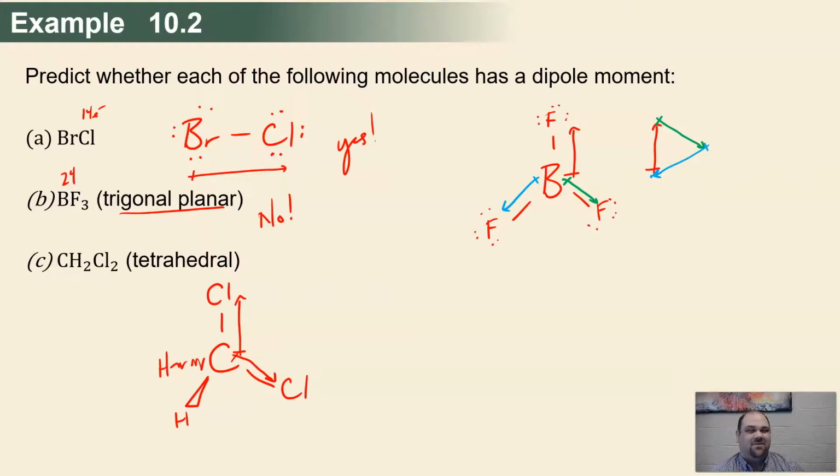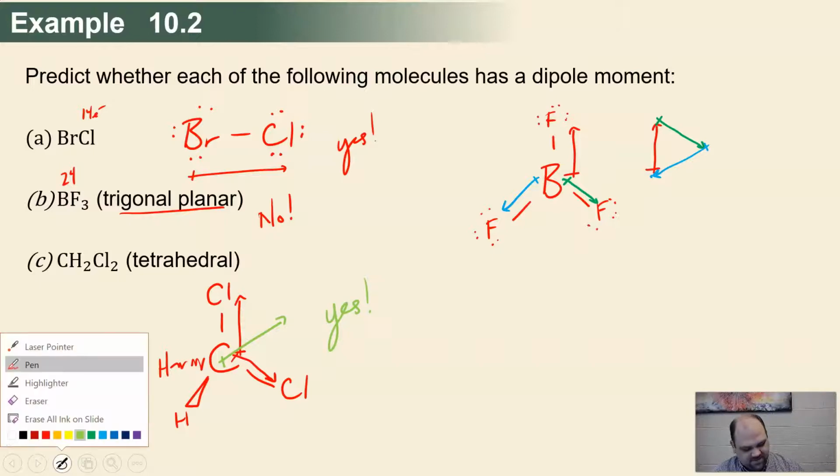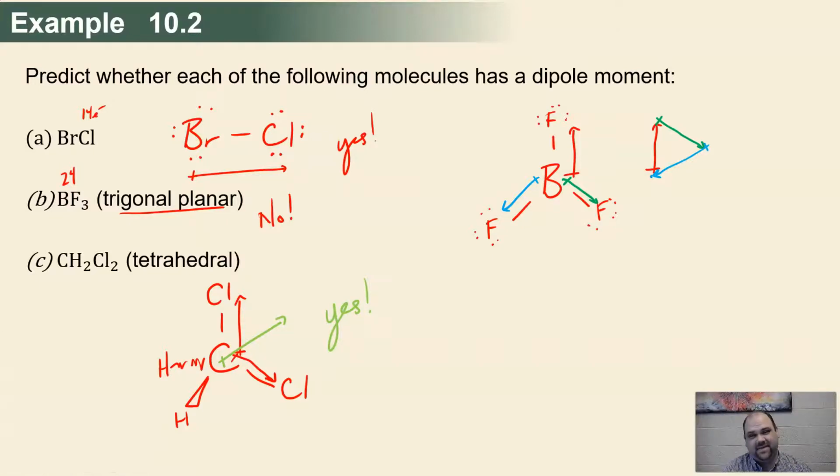There's really no difference in electronegativity there that's worth mentioning, and so we don't draw any bond dipoles for those. We say that that's a non-polar bond. And so we have our two polar bonds here. Do those two cancel each other out? No. And so if we were to draw in an overall bond, it would look something like this. And so yes, there is a dipole moment for dichloromethane, this molecule.